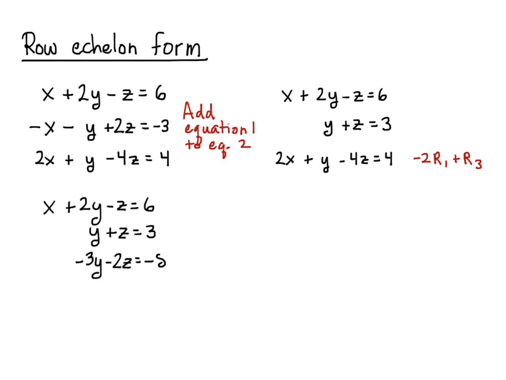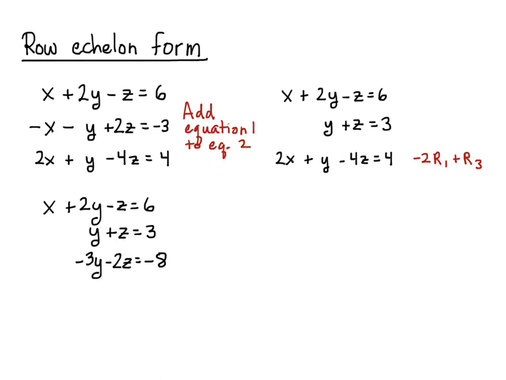I copy the first 2 over, and so the x's go away. I take -2 times 2 is -4, and add that to 1. And so I get my -3 for a coefficient.